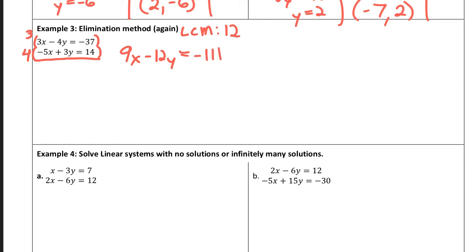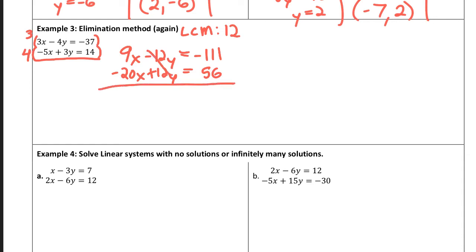So the bottom equation, multiply everything by 4, negative 20x plus 12y equals, just want to double check, 56. So that's to get the y's to match up.